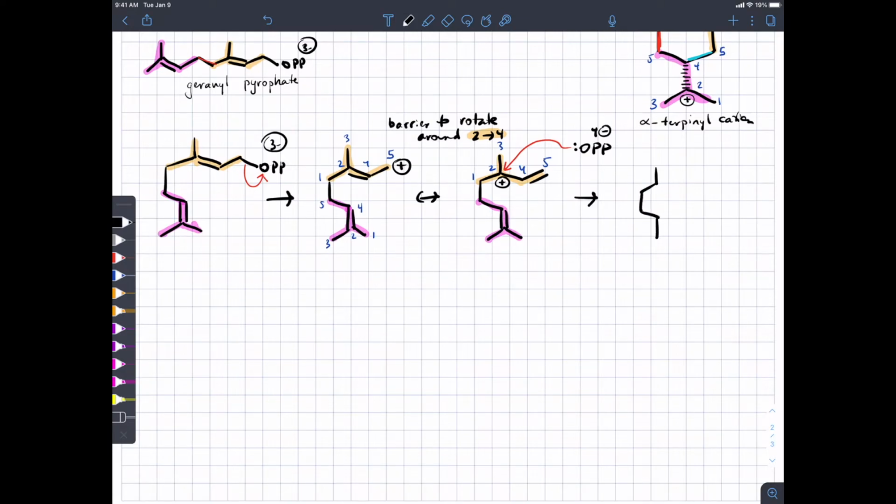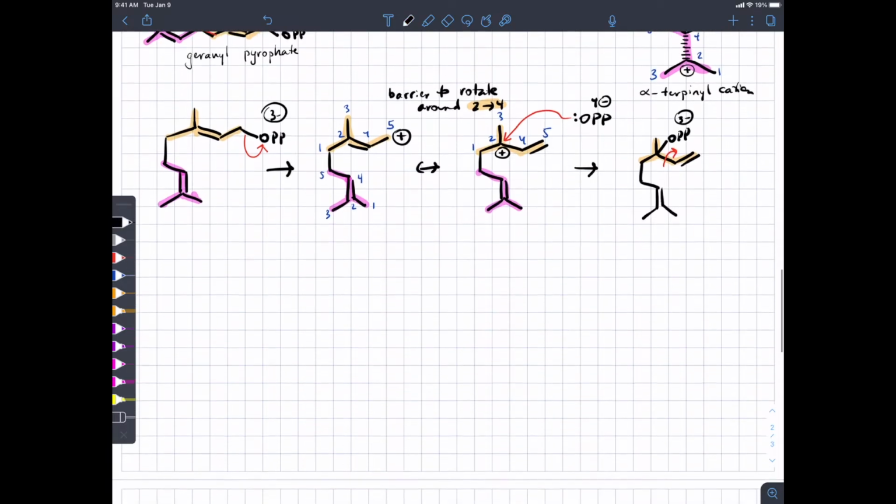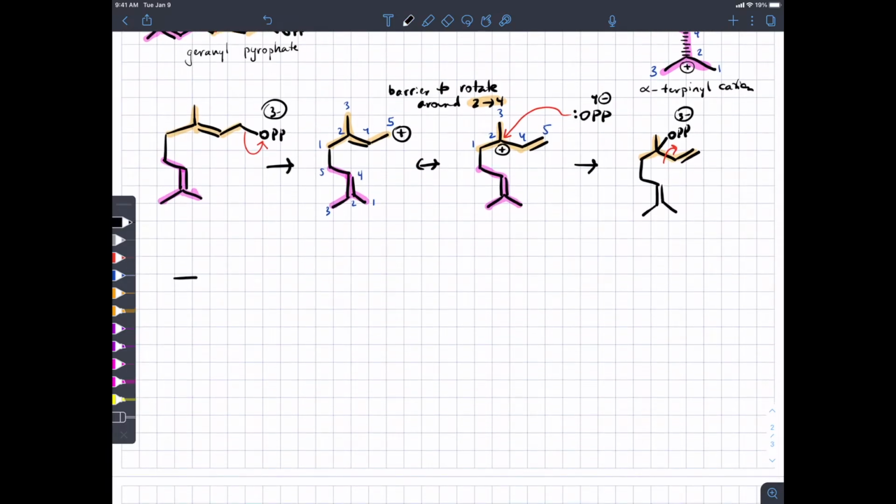What this does, it looks like a step backwards, but it gets rid of the double bond character between orange 2 and orange 4. Now it's just a sigma bond. Now rotating around that sigma bond is free and easy to do.